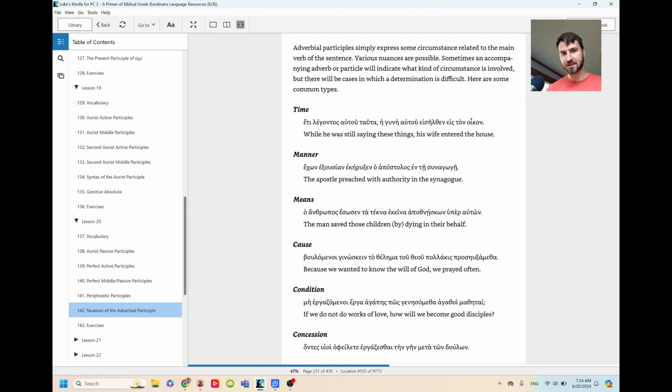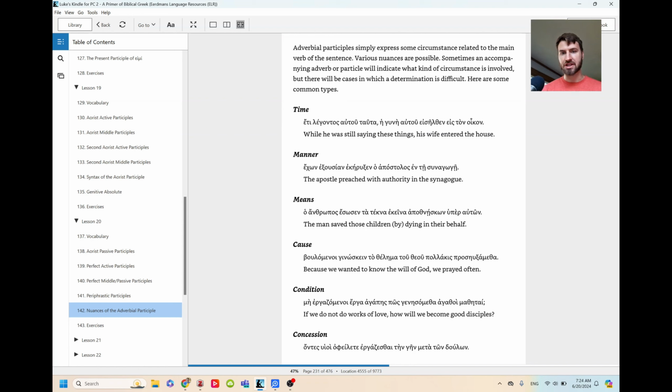Where here, like for manner here, if we translate this, having authority, the apostle was preaching in the synagogue. And so this is a normal adverbial participle, but it's being used to tell you how he's preaching.